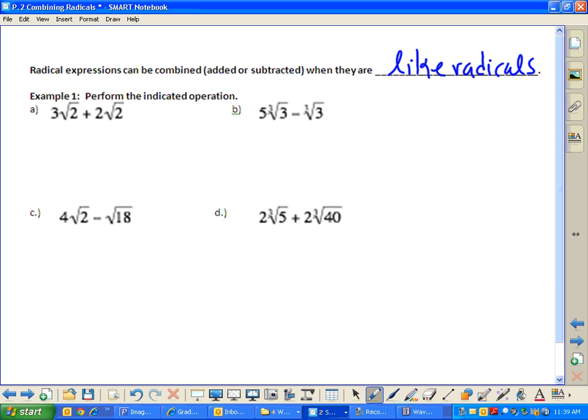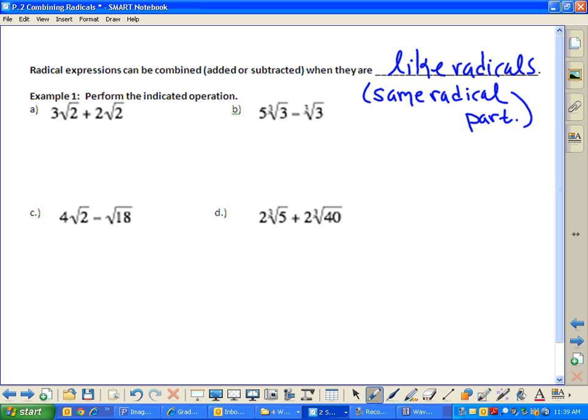In other words, they must have the exact same radical part. So we have one that's really similar to the examples that I was just drawing out for you on the marker board. 3 square roots of 2 plus 2 square roots of 2. Ideas on that? Yeah, very good. 5 square roots of 2.